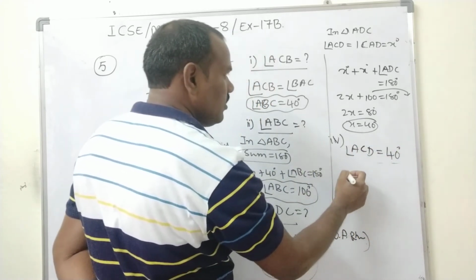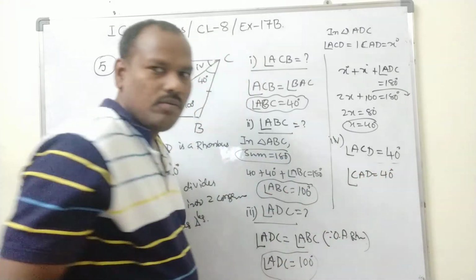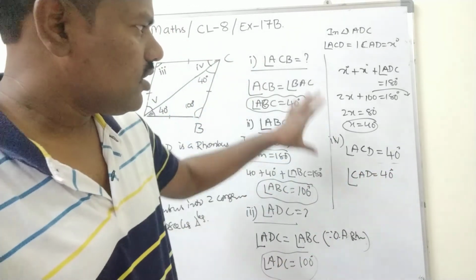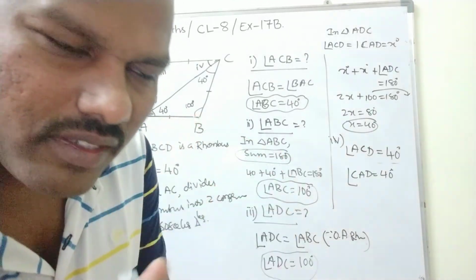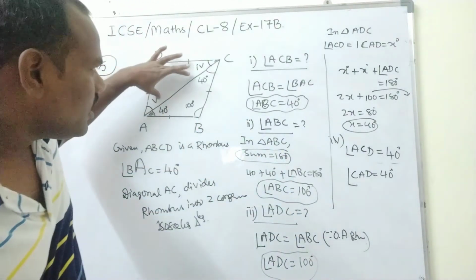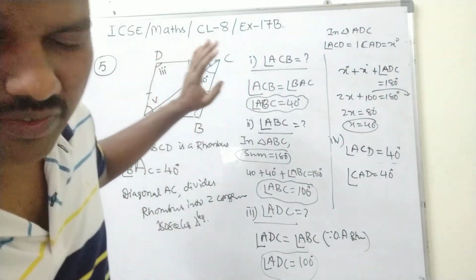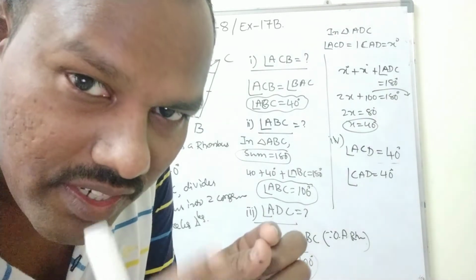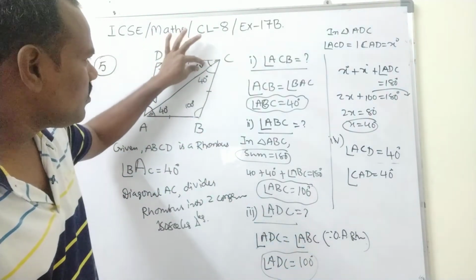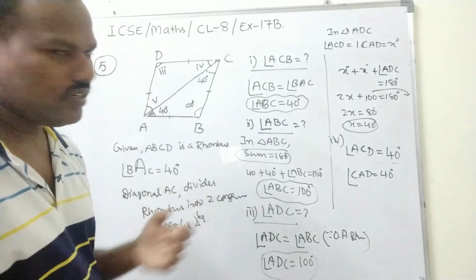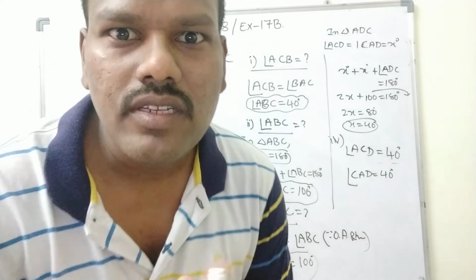Similarly, angle CAD is also 40 degrees. Now, problem number 1. If it looks lengthy and you don't understand, you want to be in safe mode: the diagonal AC divides the rhombus into two congruent triangles, write the statement, and hence this angle is 40, this is also 40, and angle D is also 40. No worries at all. Now let us see the next question.